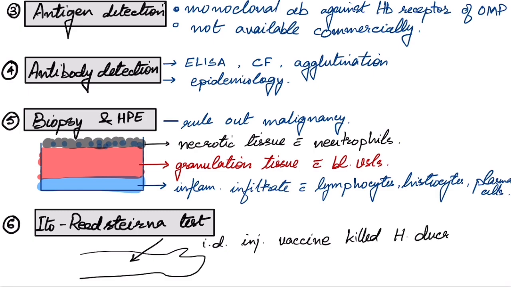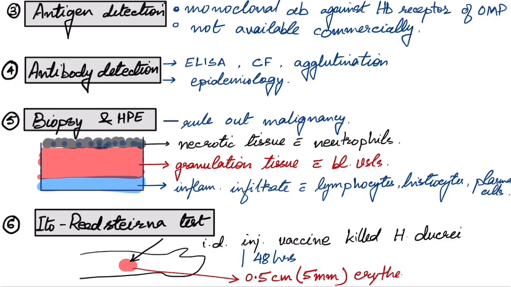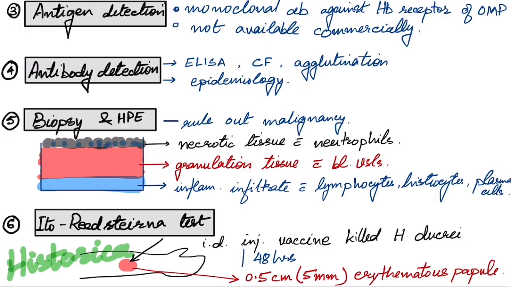So we give this injection intradermally and then we wait for 48 hours. After 48 hours, if there is a papule over the injection site equal to or more than 0.5 centimeter or 5 mm, we consider this test positive. This is similar in lines to the tuberculin test or the Mantoux test of tuberculosis, but this is now of historical importance only.